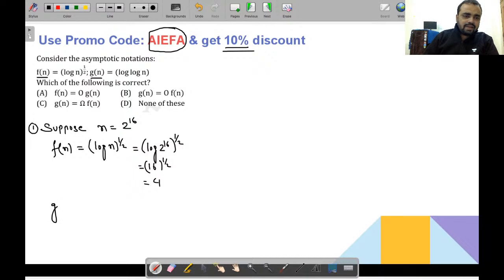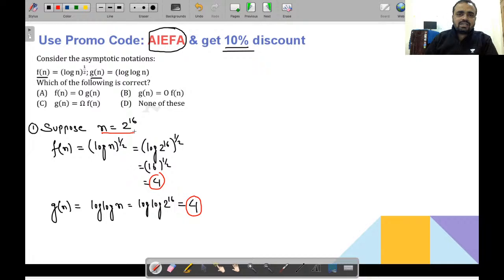Similarly, what value is g of n deriving? G of n will become log n. This implies log 2 to the power 16, and this will derive the value. So in the first situation, we are getting the same value for input size n equal to 2 to the power 16. Fine.